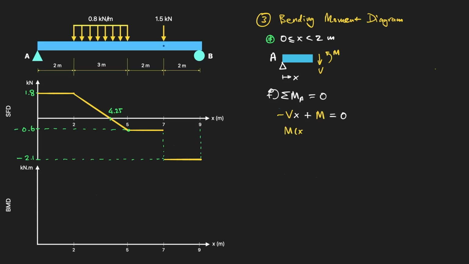So M equals V times x, with V equal to 1.8 kilonewtons here, M of x equals 1.8x. So at x equals 2 meters, M equals 1.8 times 2 equals 3.6 kilonewton meters. So from 0 all the way up in a straight line, reaching 3.6 kilonewton meters at x equals 2 meters.